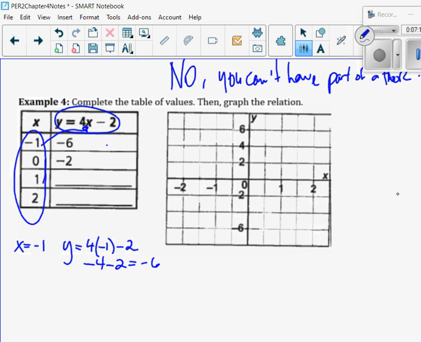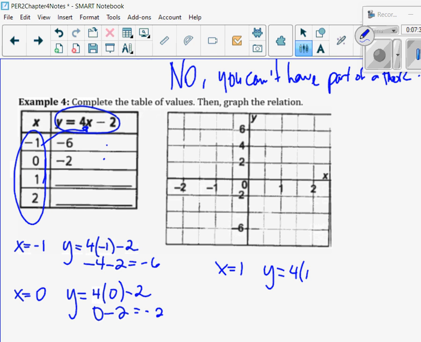they had there. When x is 0, y equals 4 times 0 subtract 2. So this is 0 subtract 2 gives me -2, just like they had there. When x equals 1, y equals 4 times 1 subtract 2. So that's 4 subtract 2 gives me 2.